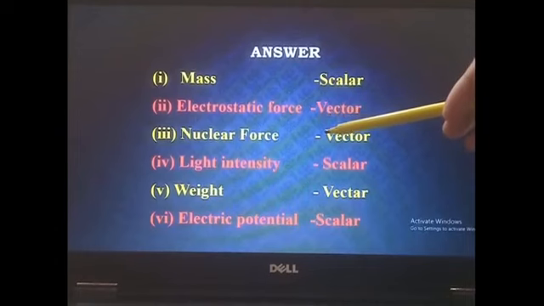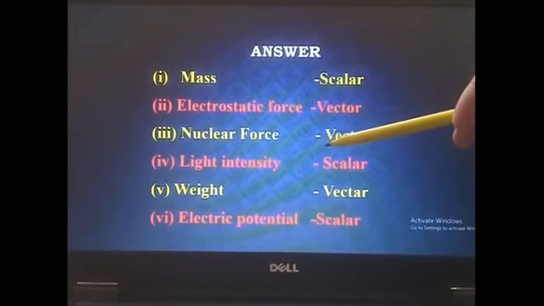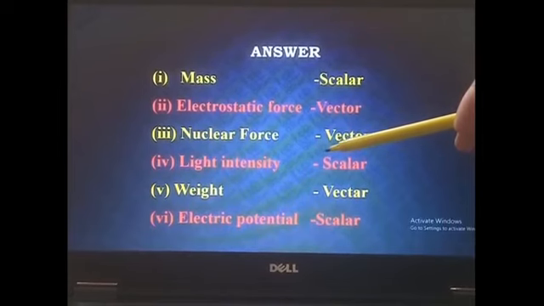The nuclear force is holding the protons and neutrons together, and the protons are holding the electrons in the orbits, because the positive charge and the negative charge, that is the electron, attract each other, and because of the force of attraction between them, they are there in the atom.